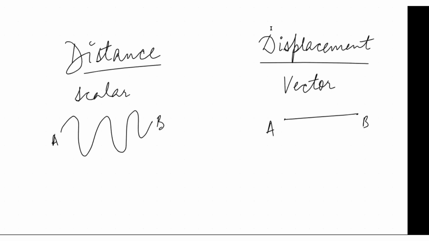Now tell me the difference between speed and velocity. Speed is the total distance traveled per unit time, while velocity is the displacement traveled per unit time.